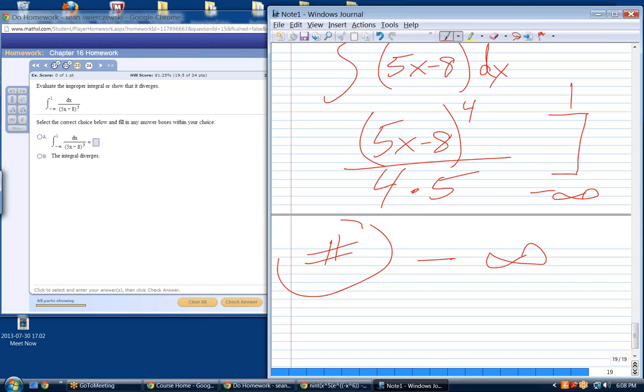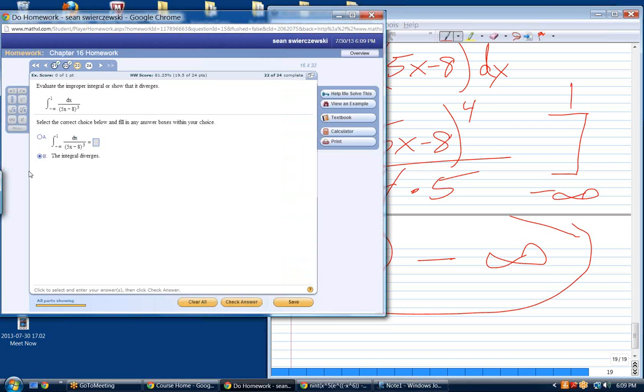Well, if your variable's in the numerator and you're plugging in negative infinity, then this is going to go to infinity. The whole thing evaluates at infinity. Whether it's negative infinity or not doesn't really matter. It diverges, because you have a number minus either a positive or a negative infinity, that's infinity. You get that? Yep.